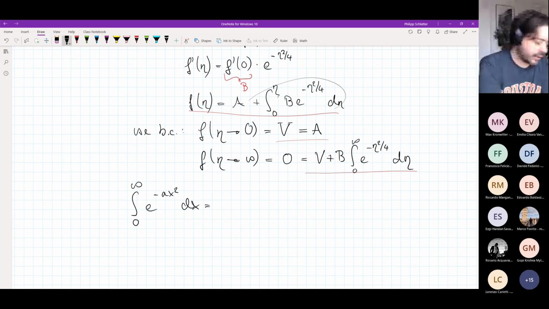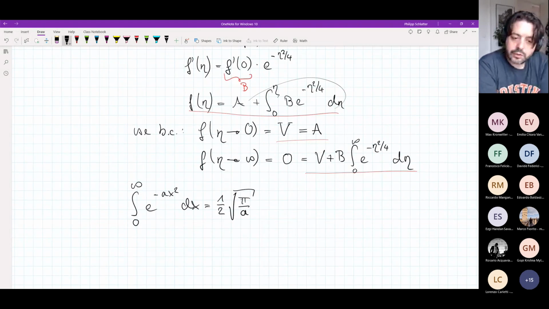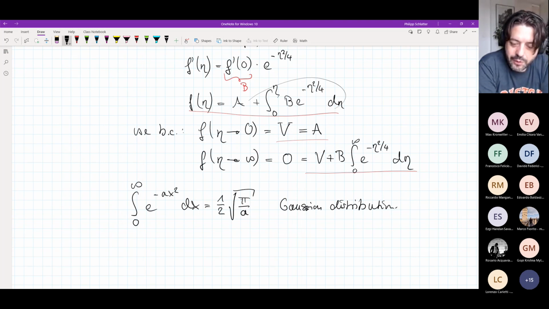This can be evaluated as 1/2 of the square root of pi divided by a. So this is a mathematical identity, and of course this is heavily used when you look at a Gaussian distribution. It may be slightly surprising why the integral of an exponential suddenly gives rise to the square root of pi, but this is just the case.